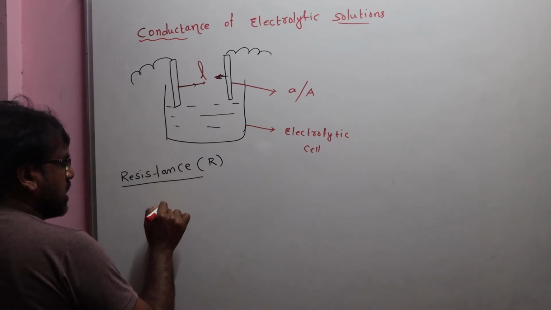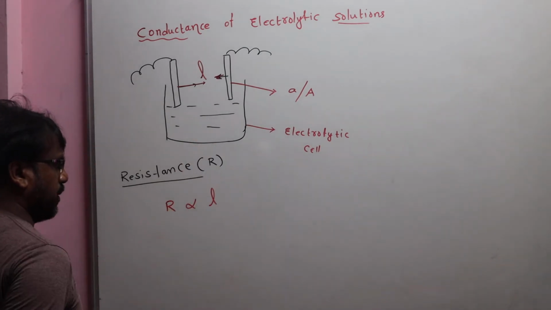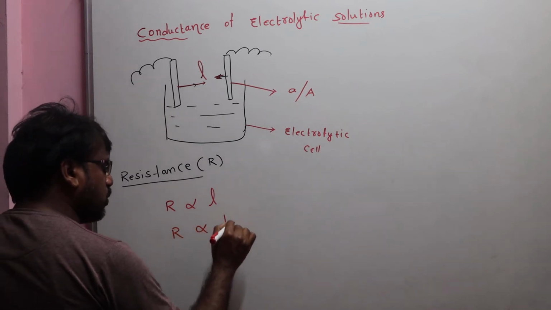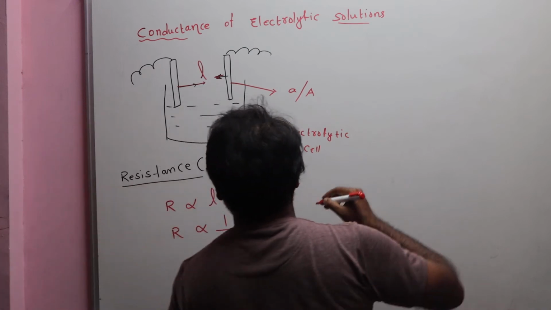This resistance R, according to Ohm's law, is directly proportional to L and inversely proportional to area of cross section. You can represent it with capital A or small a, no problem.